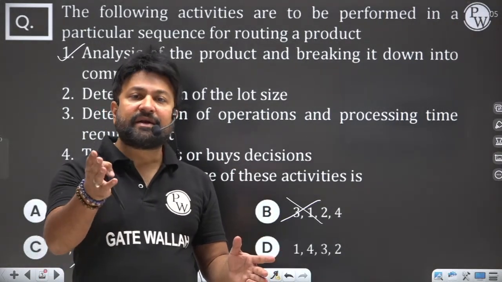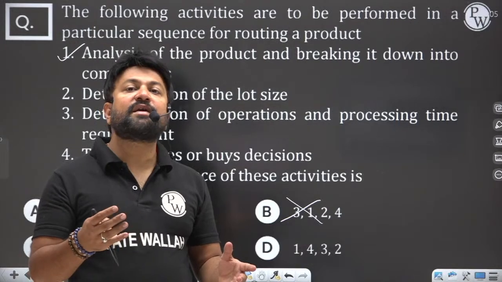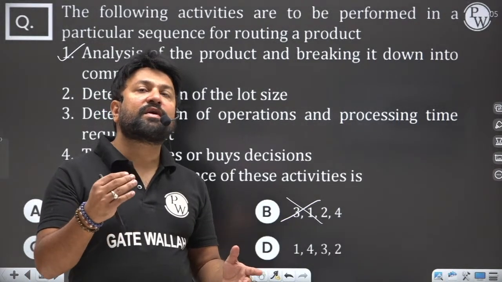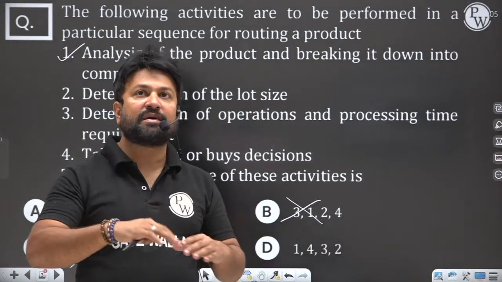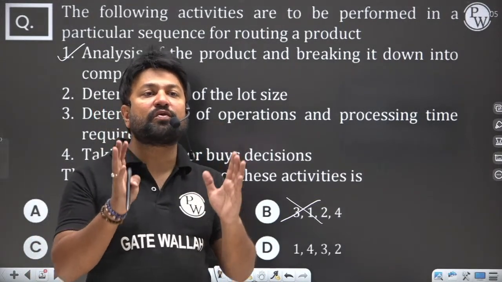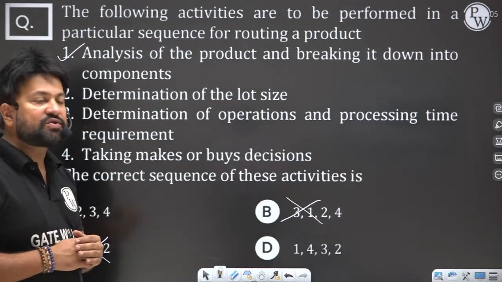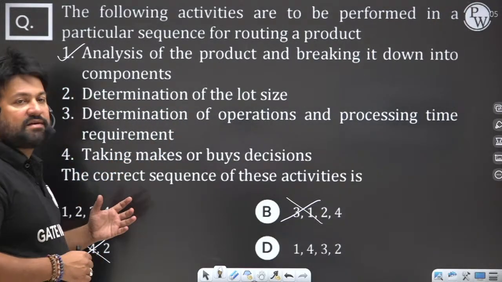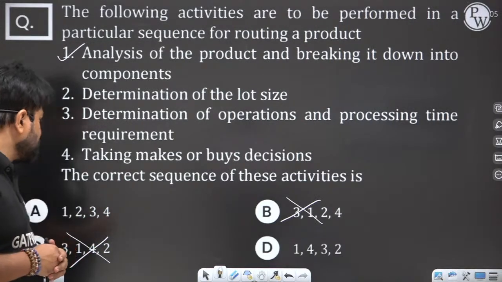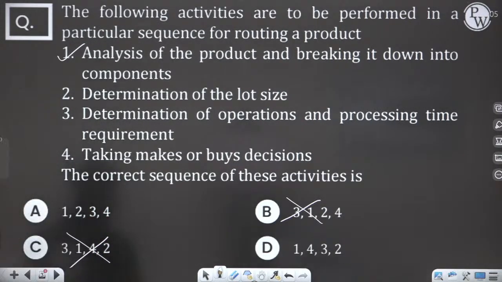Before taking the order, or before deciding which thing you want to buy, how can you determine a lot size? First of all, you have to take a decision, right? Am I right or clear?